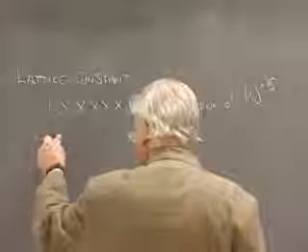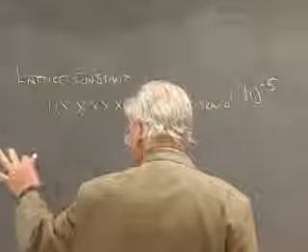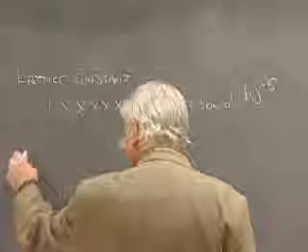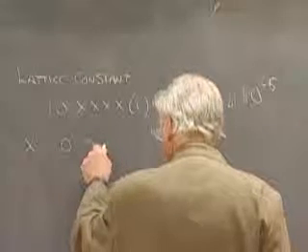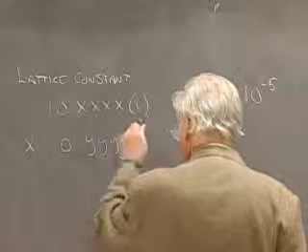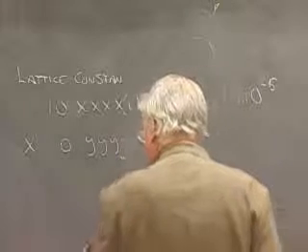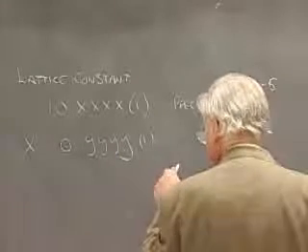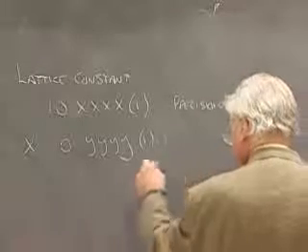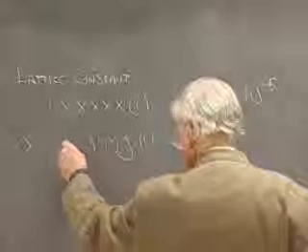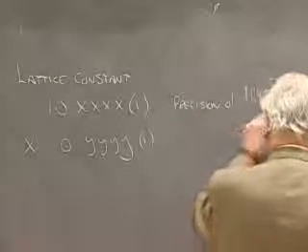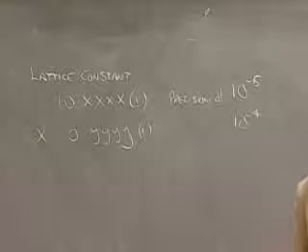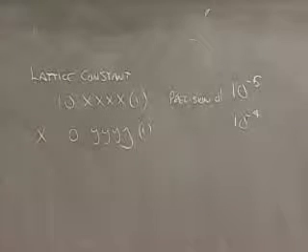You can get atomic positions, when they are not fixed by symmetry, to plus or minus 1 in the 4th decimal place in good cases. That's 1 in 10 to the 4th. So you can get this information very accurately.